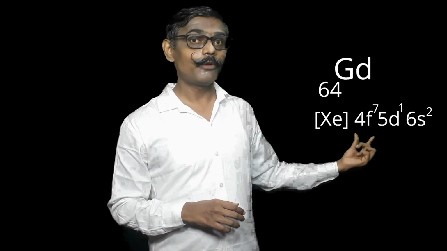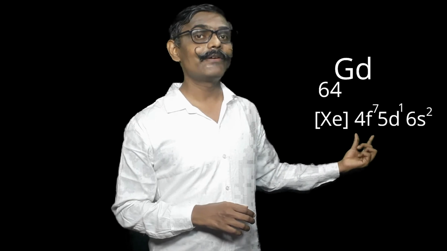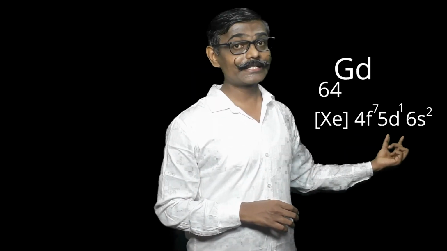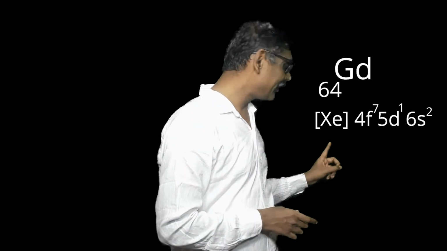So in 4f orbital, how many electrons are here? 7 electrons are here. 62nd electron enters in 5d orbital. 63rd electron enters in 6s orbital. And last 64th 6s orbital. So what is electronic configuration for gadolinium? Xenon 4f7 5d1 6s2.